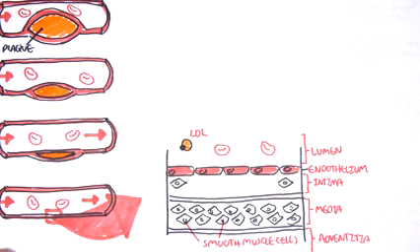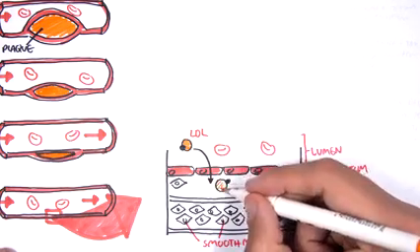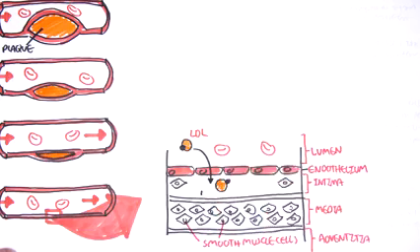There are a few theories of how atherosclerosis begins. One theory suggests that there is endothelial dysfunction and high amounts of circulating LDLs. Because of these high concentrations of circulating low density lipoproteins, the LDLs can deposit in the tunica intima and then become oxidized.